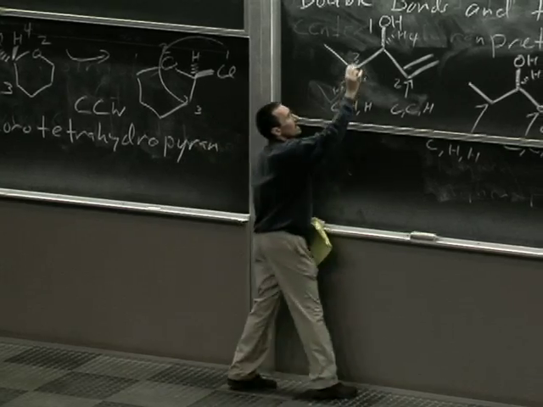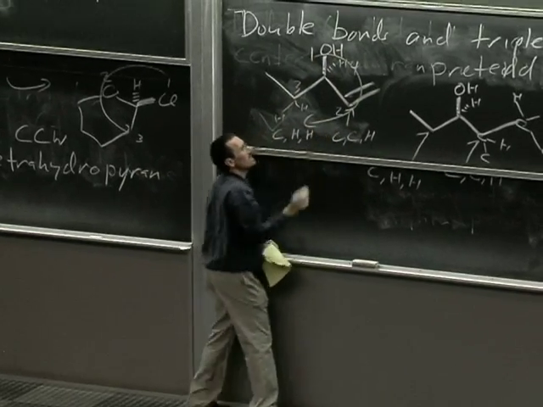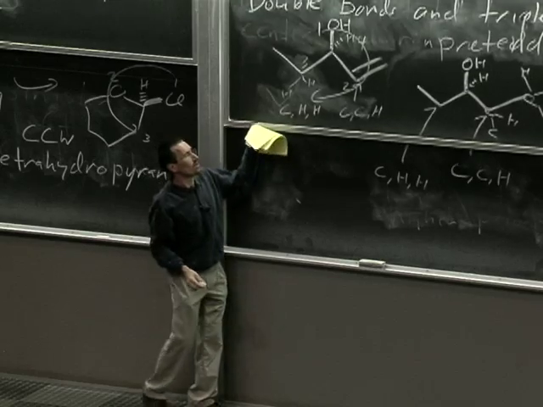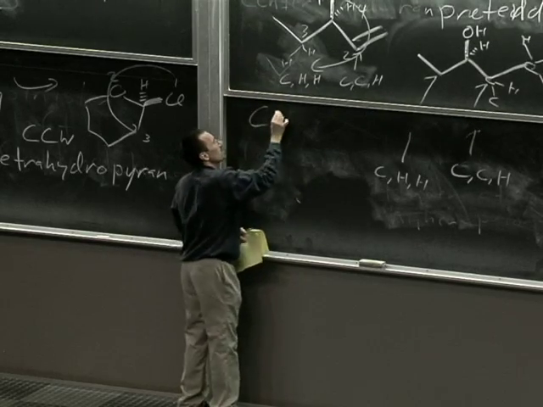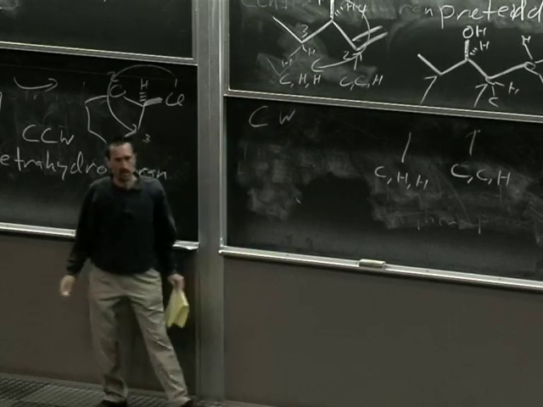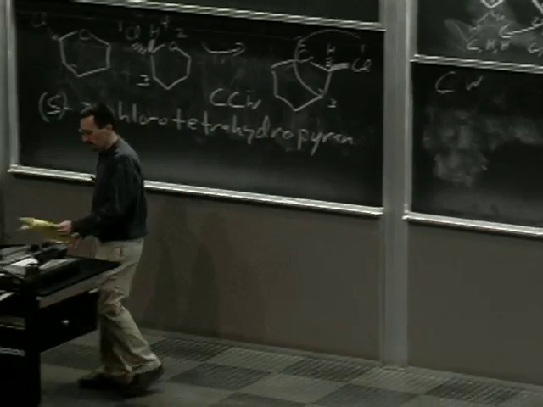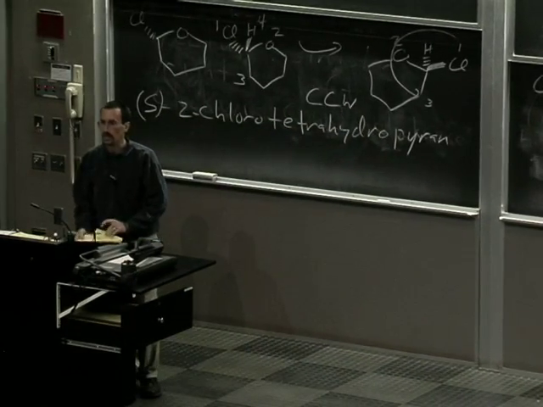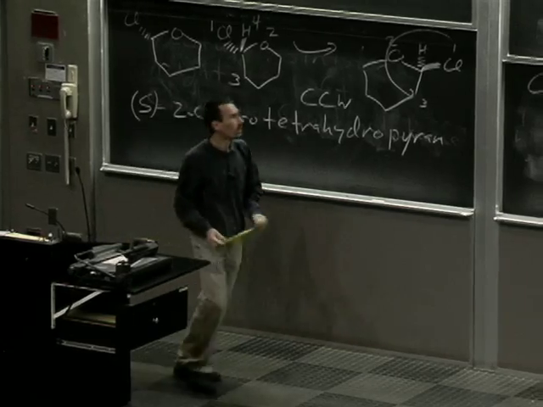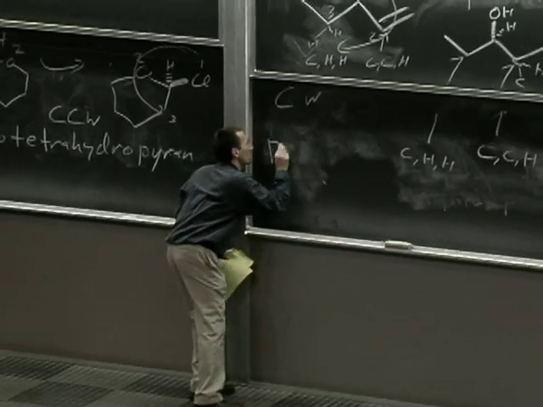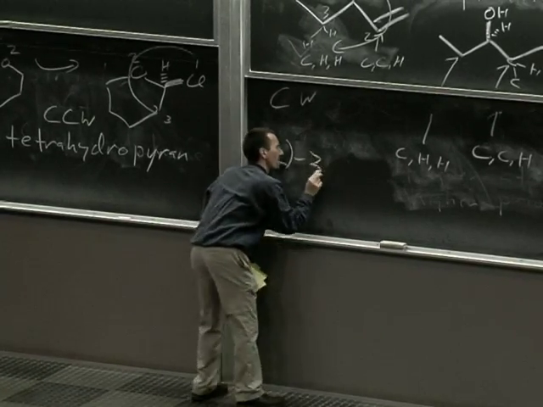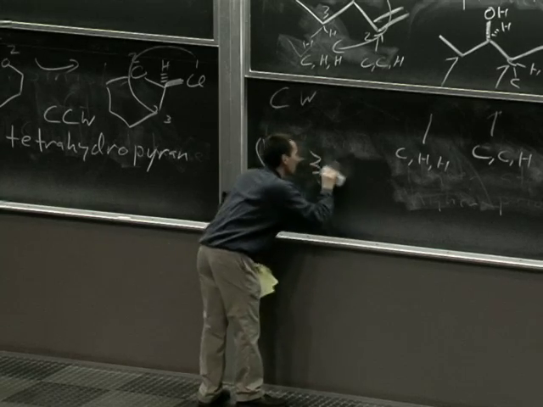And so when we assign stereochemistry, we're sighting down the CH bond, we're going clockwise, and so this molecule counts as R 3-methyl-1-pentene.